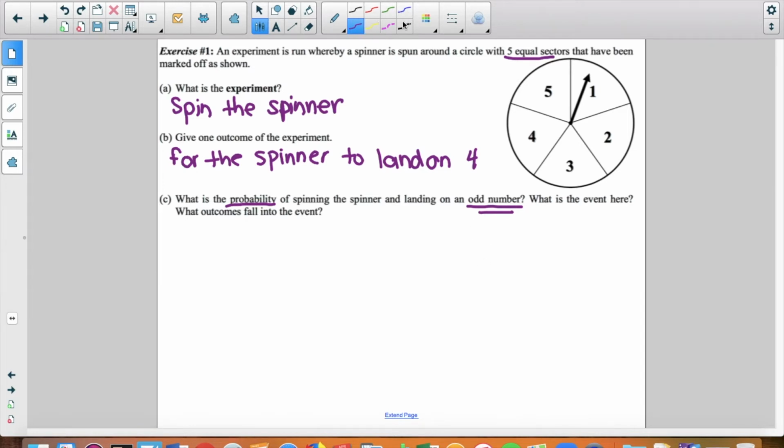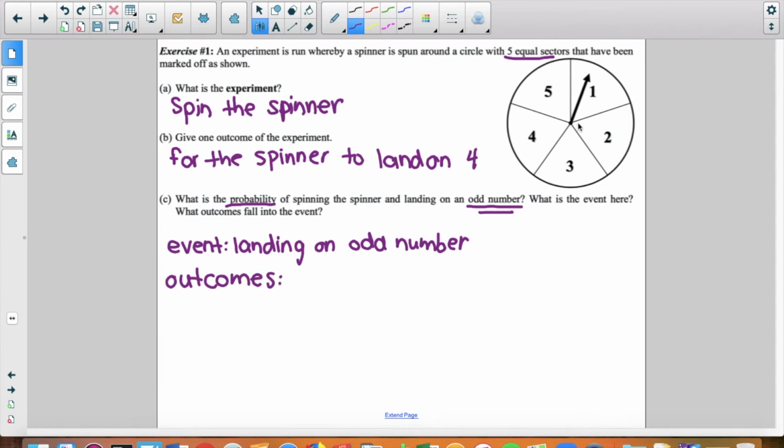So let's talk about that. The event is landing on an odd number, okay? The outcomes. Let's look at what numbers could be a possibility here.